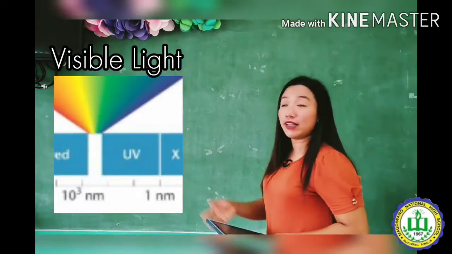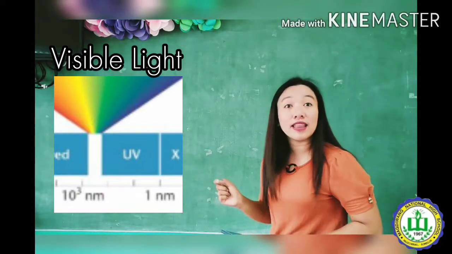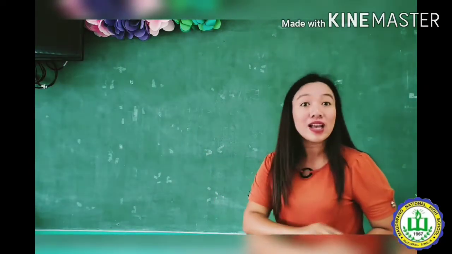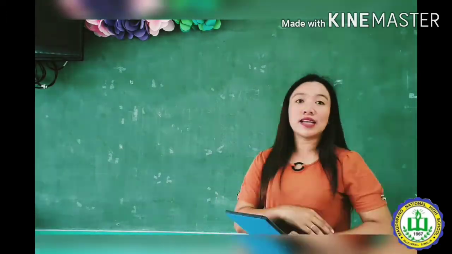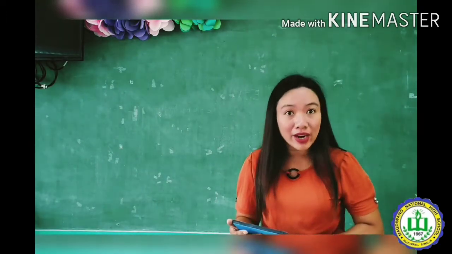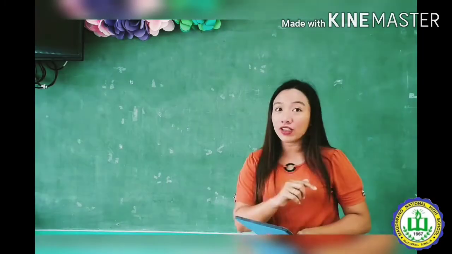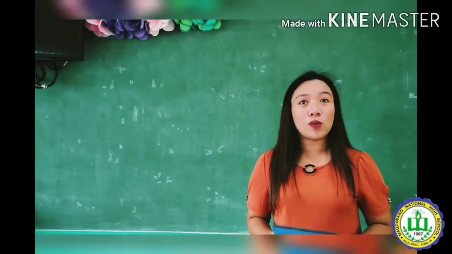As you can see here in the electromagnetic spectrum, UV light has a higher frequency than the visible light. Therefore, it has higher energy. Kaya mas nakakasunog sa ating balat ang UV light as compared to visible light because it has higher energy and higher frequency.